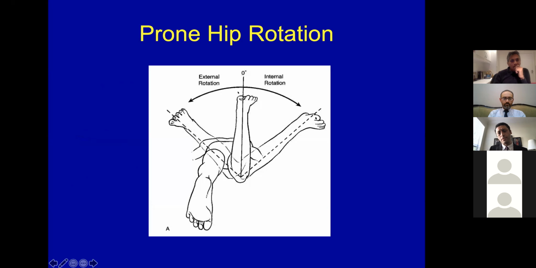You look at the midline as 0, and then internal and external rotation. In a patient with increased femoral anteversion, you see more internal rotation than external rotation. In a child with hip retroversion, you see more external rotation compared to internal rotation of the hip.